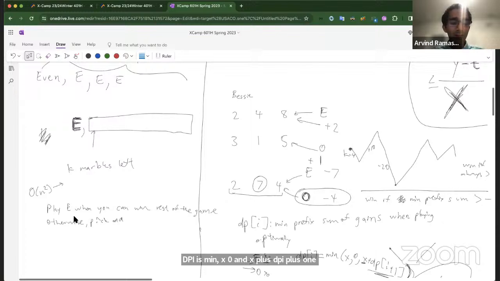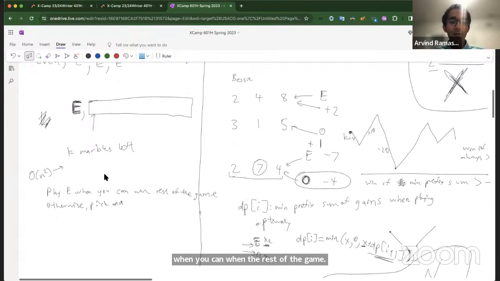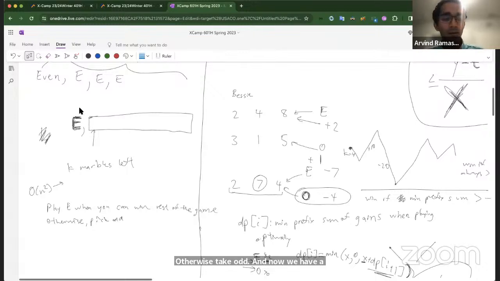So the strategy should be to play even when you can win the rest of the game. Otherwise pick odd. And now we have a very easy way to see if we can win the rest of the game.